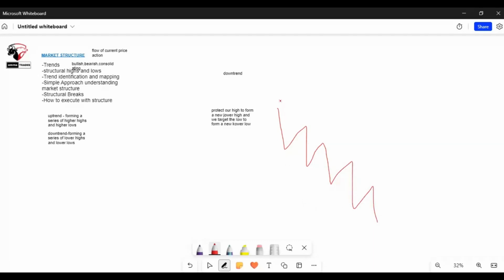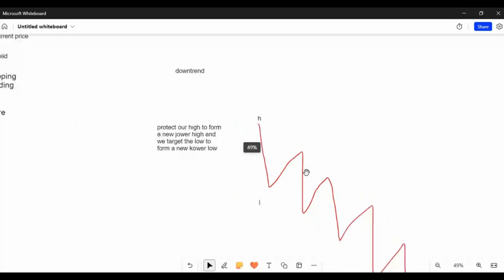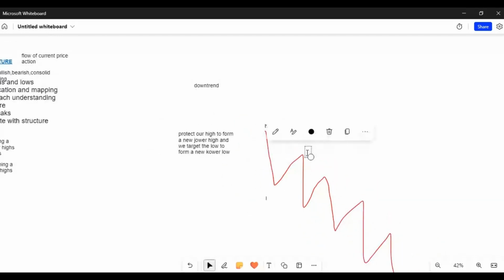So the same thing happens. This is a high, this is a low, this is a lower high, it's a lower low.